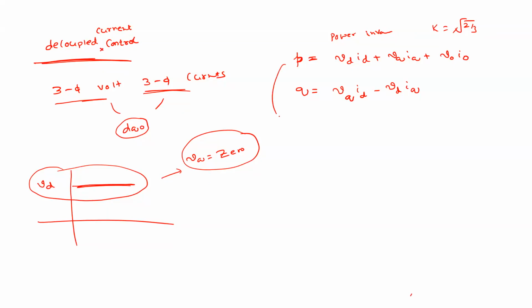Simplifying the equations, P is VD into ID and Q is VQ into ID. The other terms are 0. Understood?